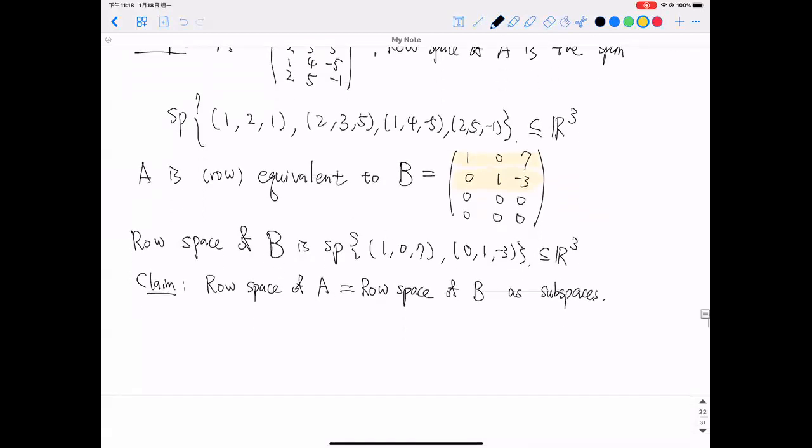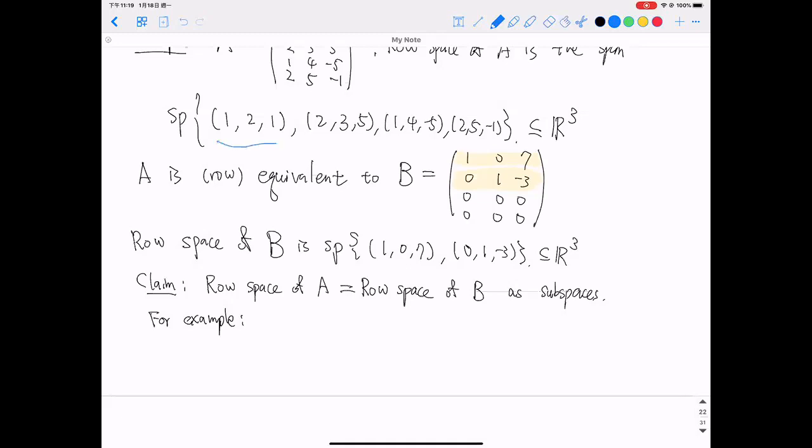For example, if the row space of A is equal to the row space of B, then everything in the row space of A must belong to the row space of B.